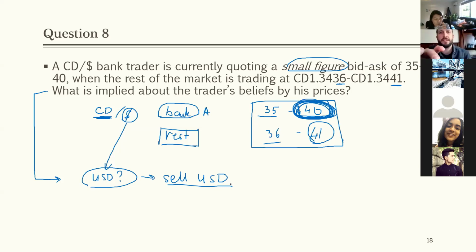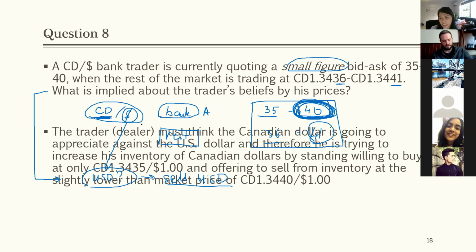And because the USD would decrease, the Canadian would increase? Yeah, so the USD is expected to decrease relative to the Canadian dollar. When we talk about currency values, it's relative. So one currency goes down, the other goes up, relatively. Okay.